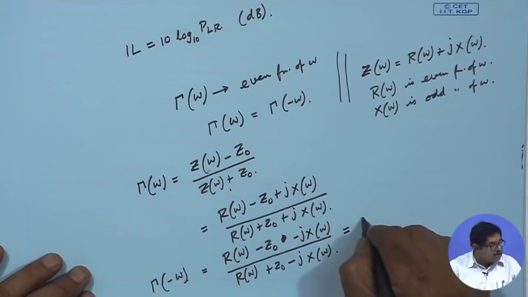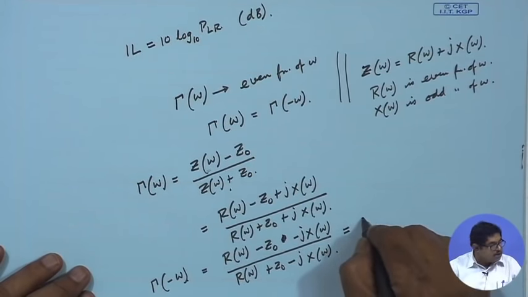If we have this, what happens to this term, gamma omega square, because this is there in the insertion loss expression. So, gamma omega square is gamma omega into gamma conjugate omega, which by definition equals gamma omega into gamma minus omega.